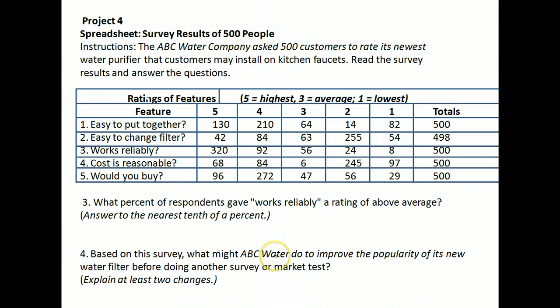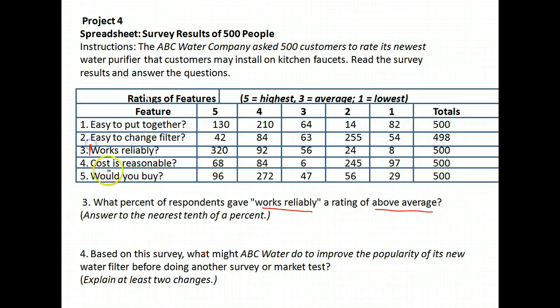All right, on this next section, they're asking us 2 more questions. So this is for questions 3 and 4. Question 3 wants to know what percent of respondents gave works reliably a rating of above average. Okay, so we want just things that are above average. Make sure you look at the right part.